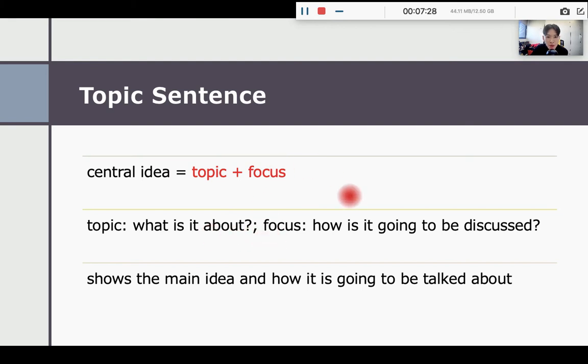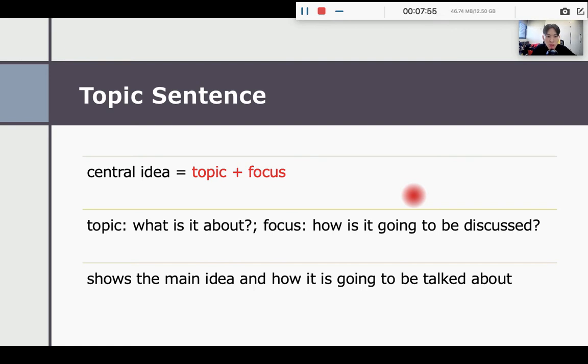And for the focus portion, it answers the question, how is it going to be discussed? In other words, when the reader reads a topic sentence, they will know, oh, this paragraph is about A, and I will also know how A is going to be talked about. Okay, so this is the basic definition of a topic sentence.